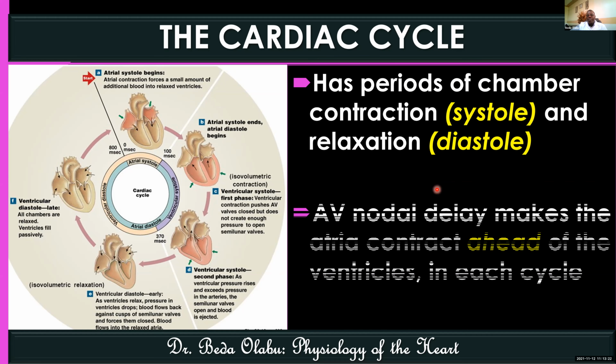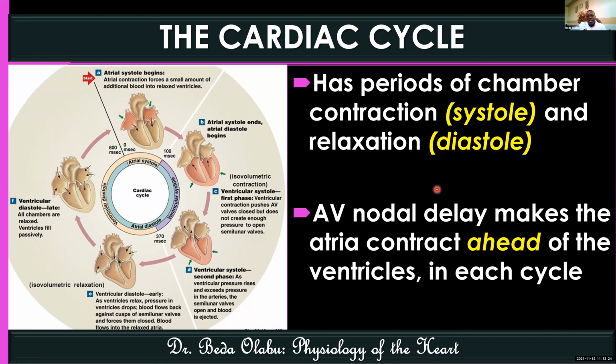Remember that the AV nodal delay makes the atrial mechanical events to be ahead of the ventricular mechanical events. Now, we will talk about the cardiac cycle, and we'll talk about 6 phases of the cardiac cycle.